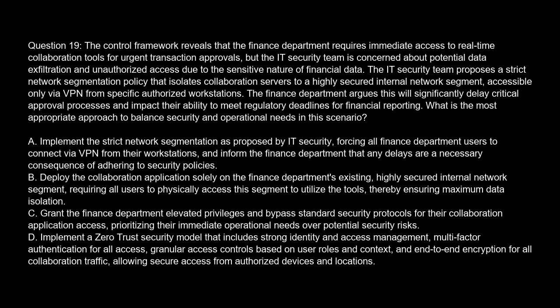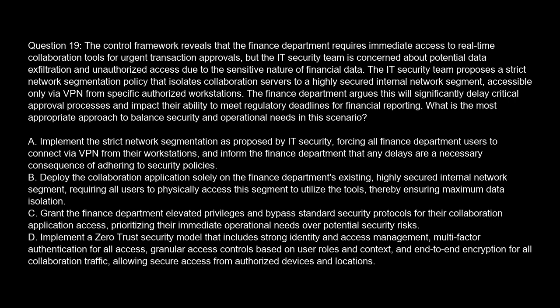Option B. Deploy the collaboration application solely on the finance department's existing, highly secured internal network segment, requiring all users to physically access this segment to utilize the tools, thereby ensuring maximum data isolation. Option C. Grant the finance department elevated privileges and bypass standard security protocols for their collaboration application access, prioritizing their immediate operational needs over potential security risks.